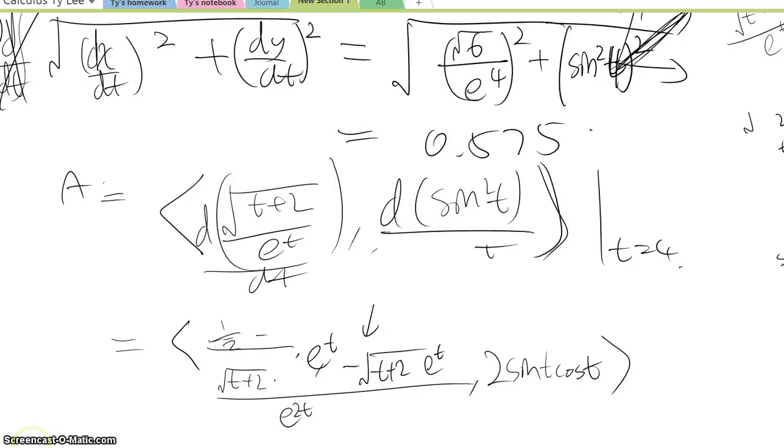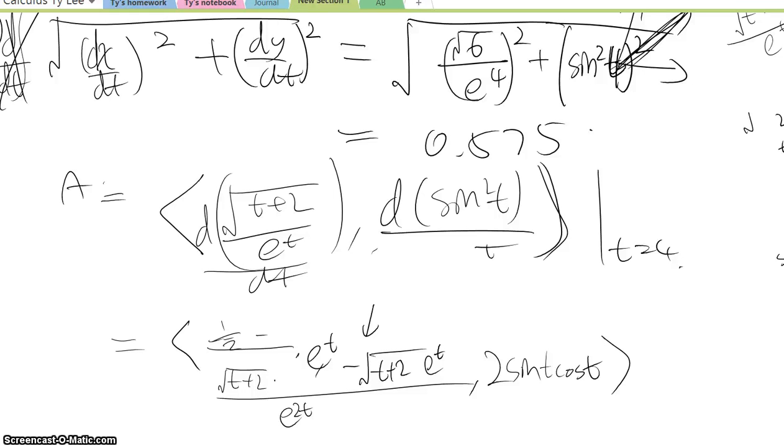I used the quotient rule and chain rule to pull things down: t plus 2 to the 1/2 brings down t plus 2 to the negative 1/2 with 1/2 in front. By plugging 4 in, you get negative 0.4 and 0.98.